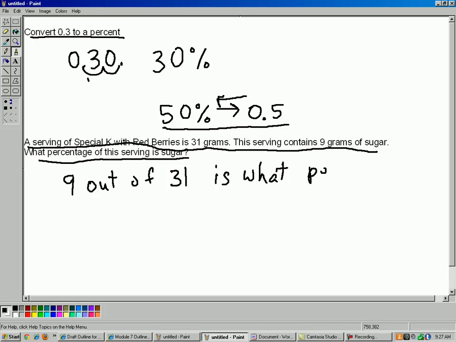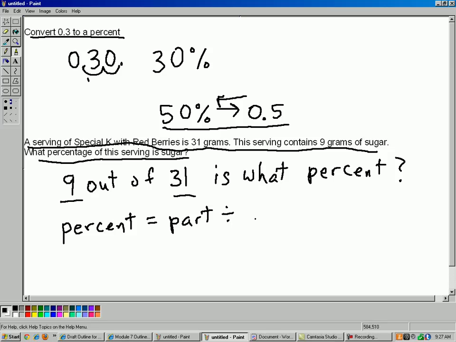Now, there's various formulas you can use for this, but in statistics, the most common procedure is you want something out of something is what percent. You can use various formulas like amount equals percent times base and things like that. But probably the easiest way to do this is to think: percent equals the part divided by the whole.